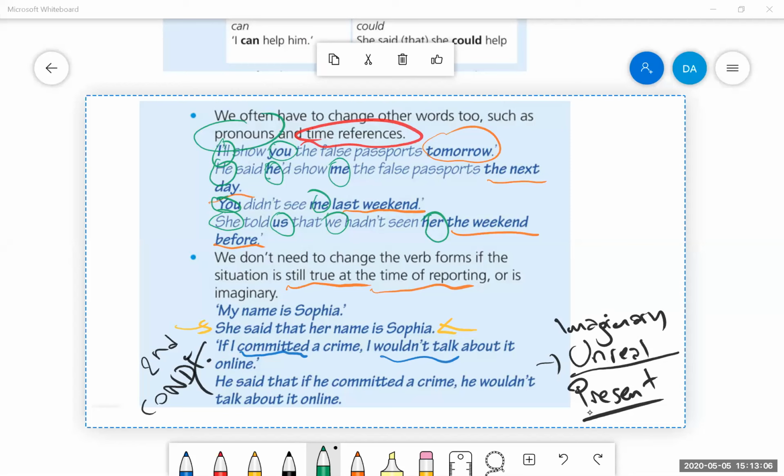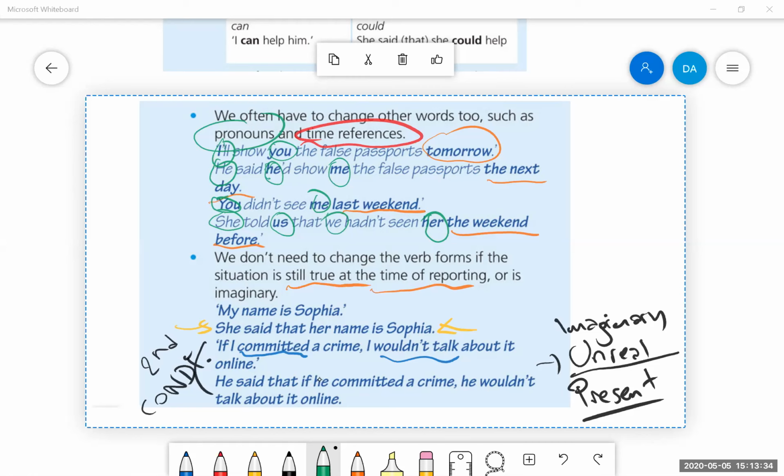Because we are talking about something imaginary, something unreal, better not to change the tense. He said that if he committed a crime, the same tense, he wouldn't talk about it online. The only change we made is to do with pronouns.